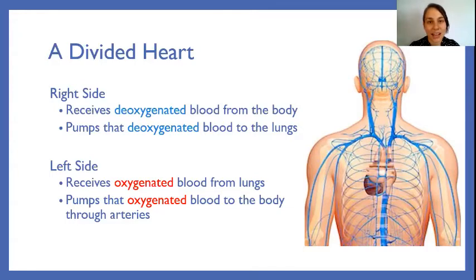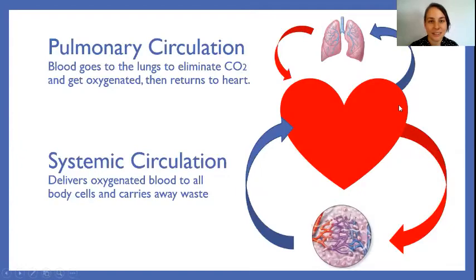So in this way, the heart is able to do in one pump both functions. It can do both pulmonary and systemic circulation. Just a reminder, here's pulmonary going out to the lungs, coming back to the heart, going out to the body, coming back to the heart.